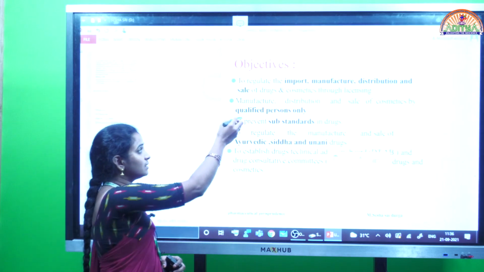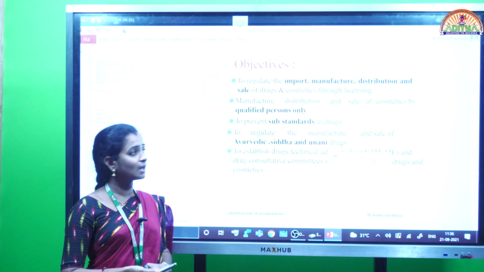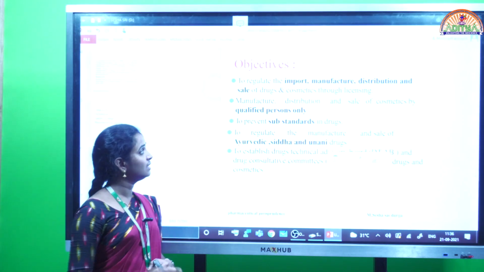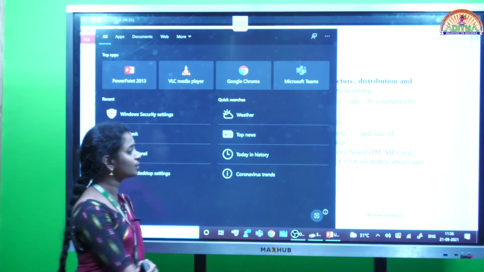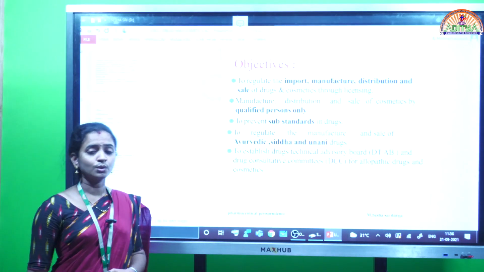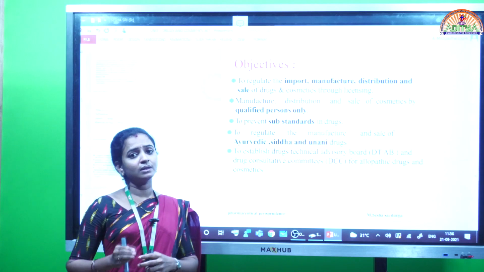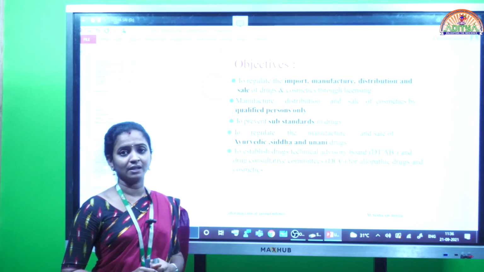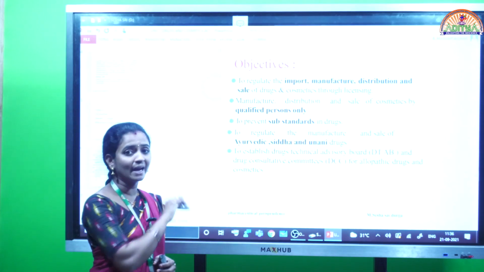But after the pharmaceutical legislation, when the act was established, the procedure completely changed in our India. A particular rule was passed by the act: to sell, manufacture or distribute, the person should be a qualified person. So qualification is mandatory.